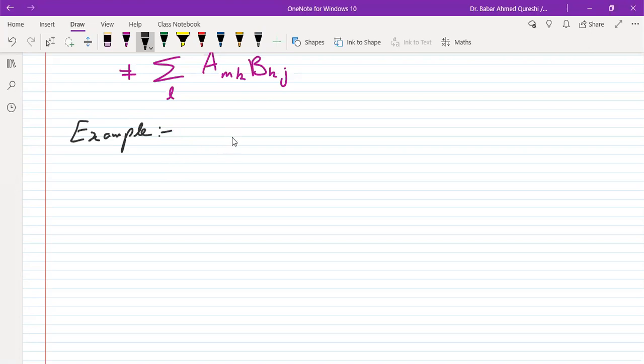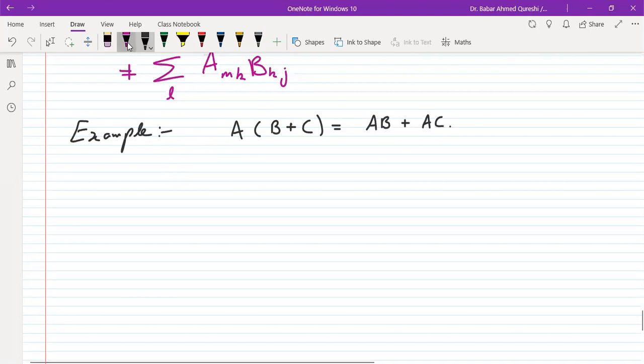Yeah, let's do this distributive law. For matrices, this is true. So I'm just going to go real slow.